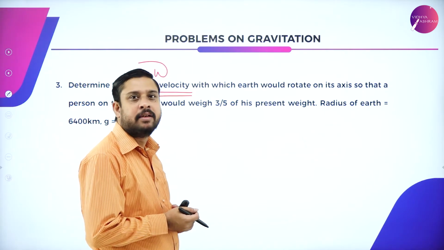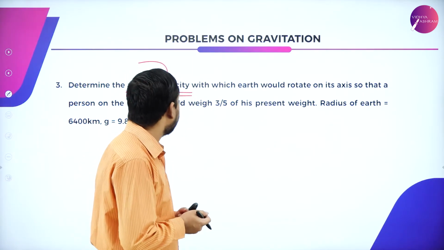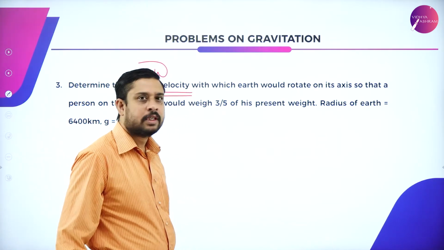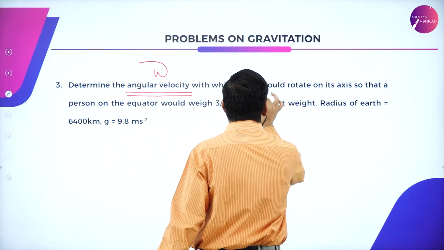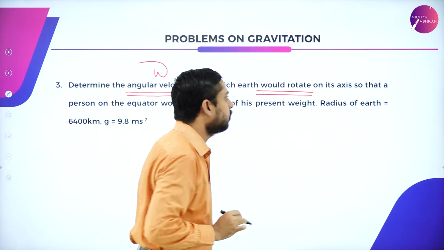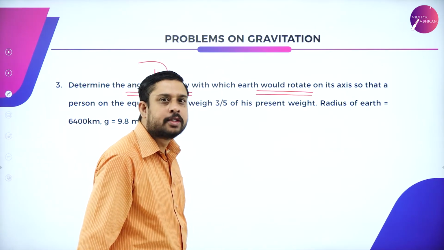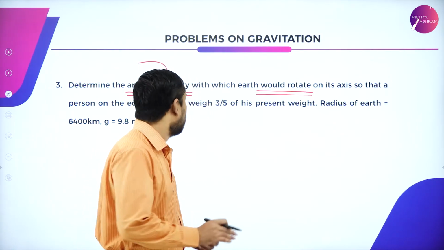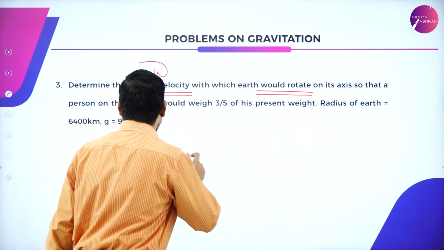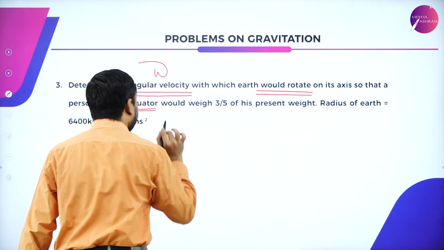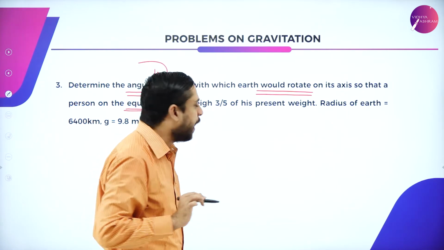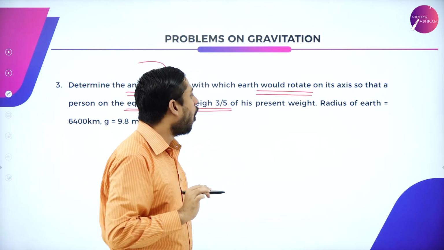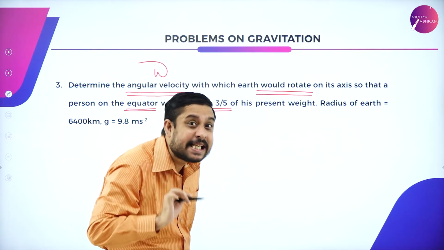So determine the angular velocity with which Earth would rotate on its axis so that a person on the equator would weigh 3/5 of his present weight.